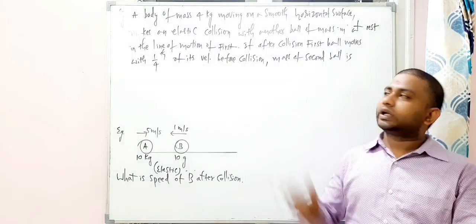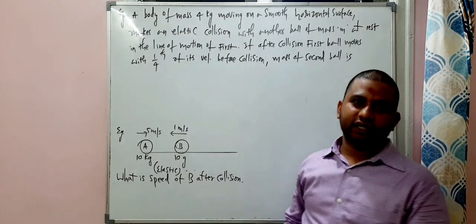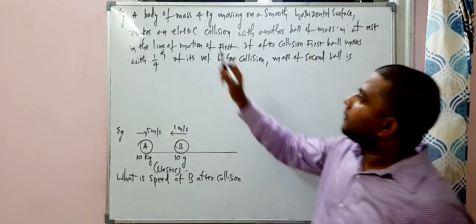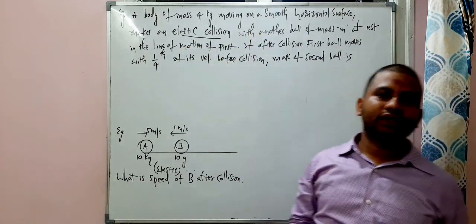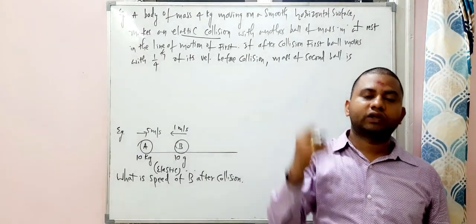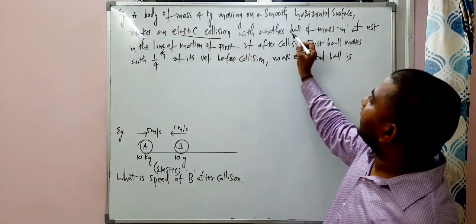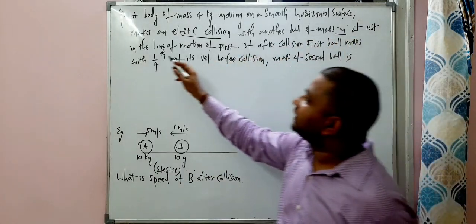Alright, so look at the numerical given here. A body of mass 4 kg moving on a smooth horizontal surface makes an elastic collision. For an elastic collision you should understand that we must write the V1 and V2 expressions. Okay. With another ball of mass M at rest in the line of motion.